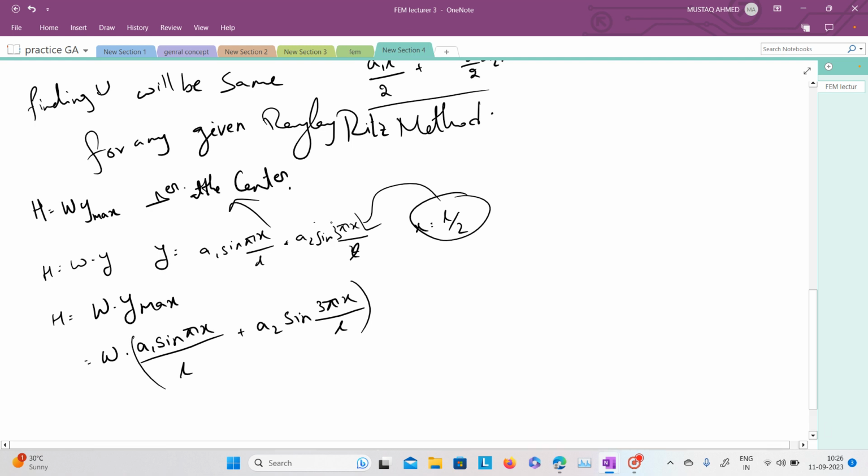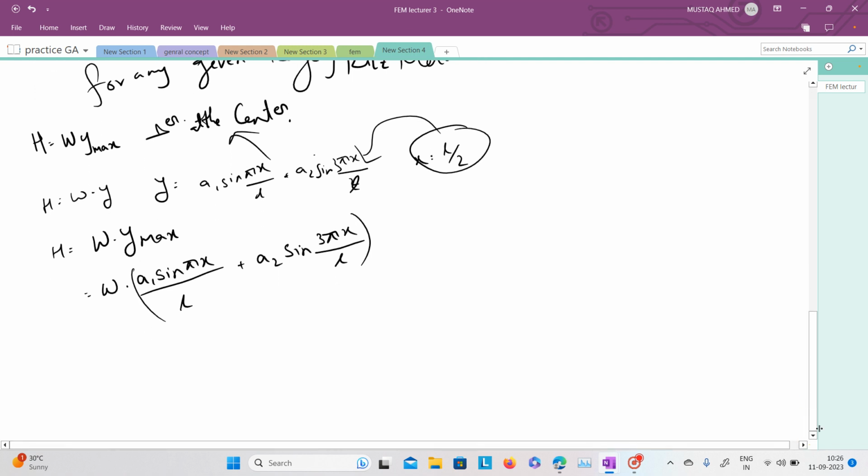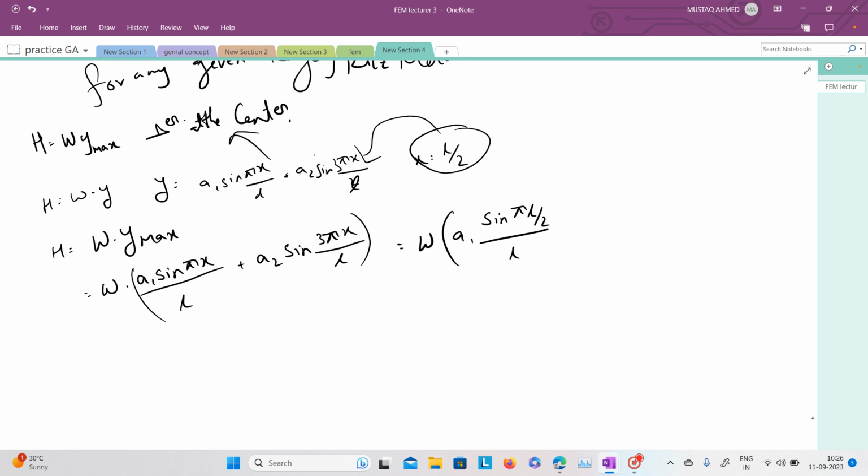Where x equals l by 2, for that one, w into a1 sin pi l by 2 by l plus a2 sin 3 pi l by 2 by l.